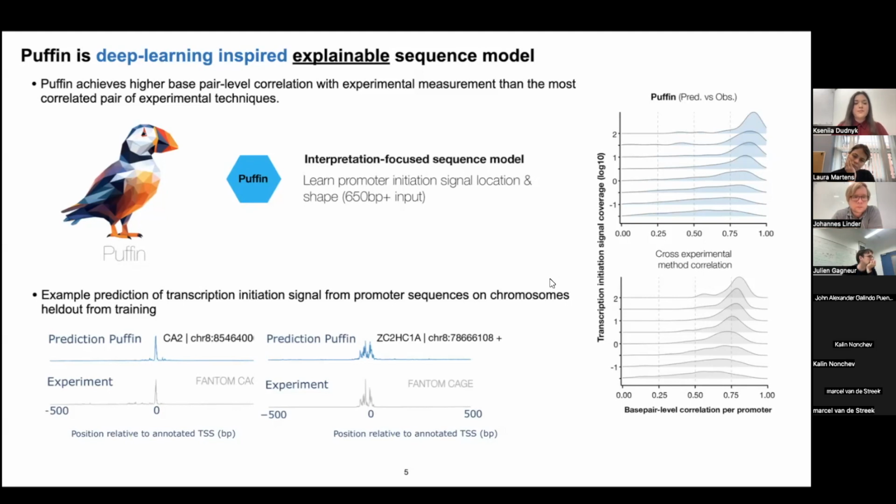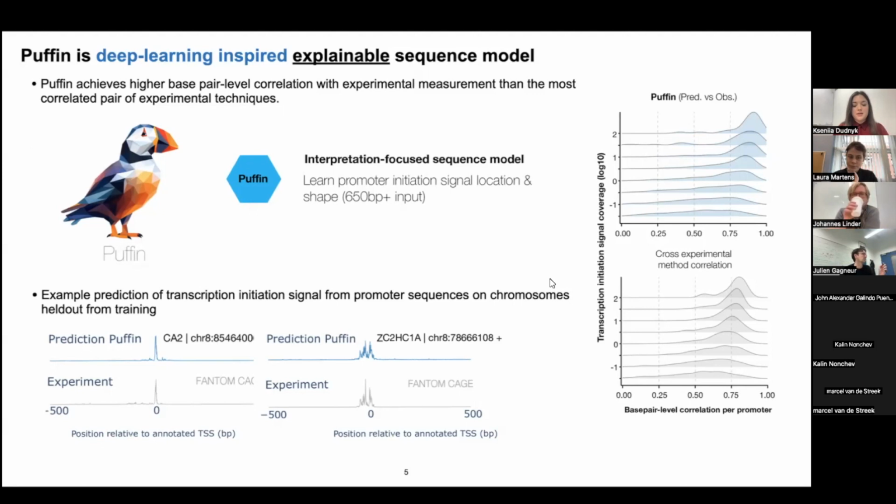Puffin is a deep learning inspired model, because we first had a deep learning model, Puffin-D, that we used to study transcription initiation. It also makes transcription initiation signal predictions from the sequence, but it is a black box model. It's not interpretable.